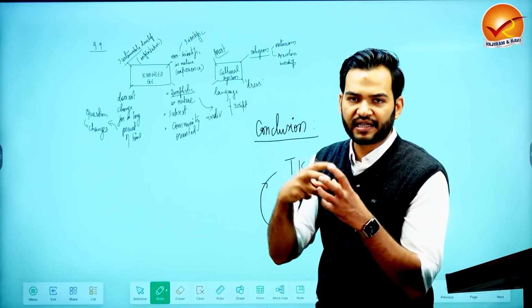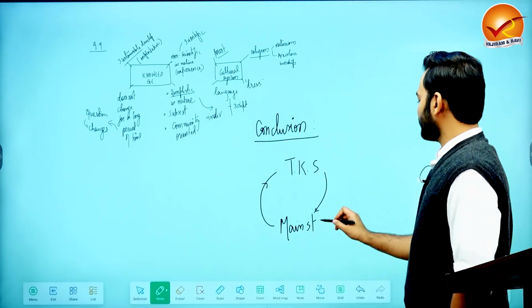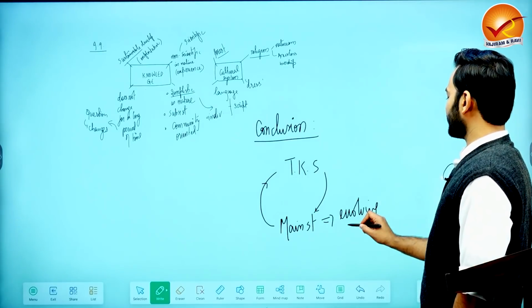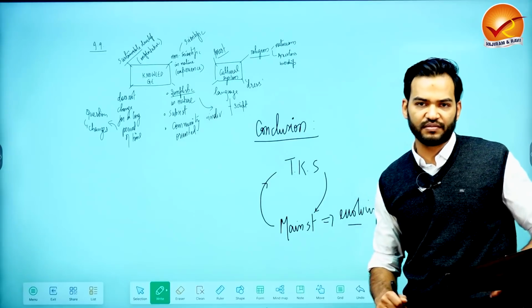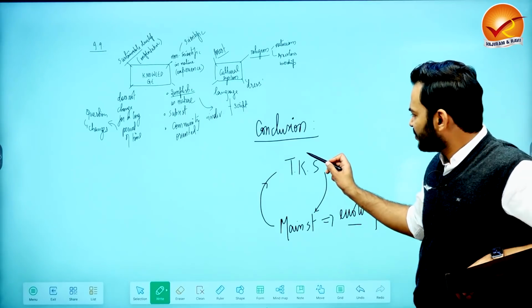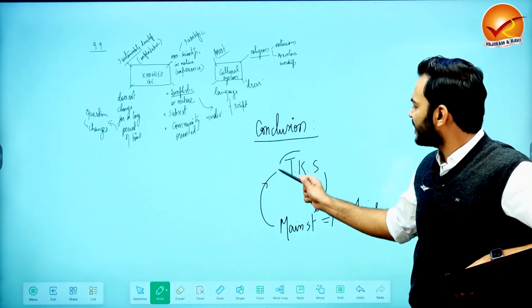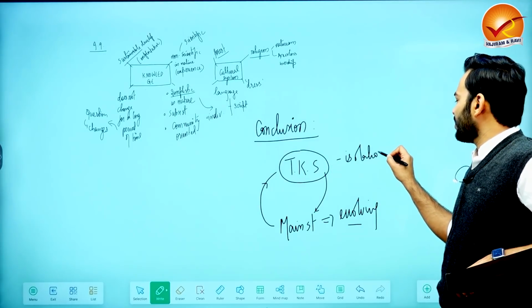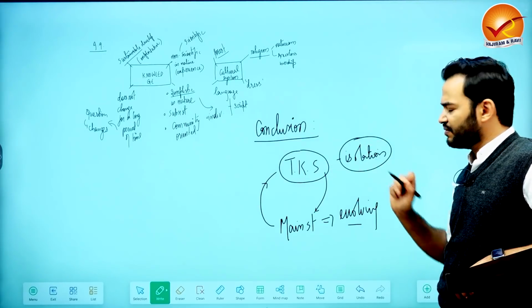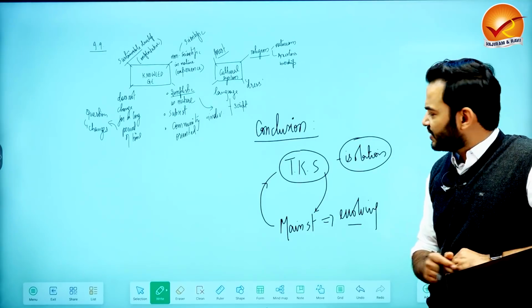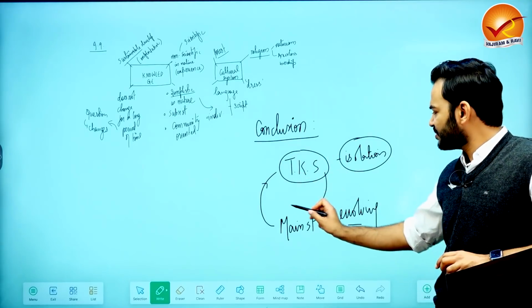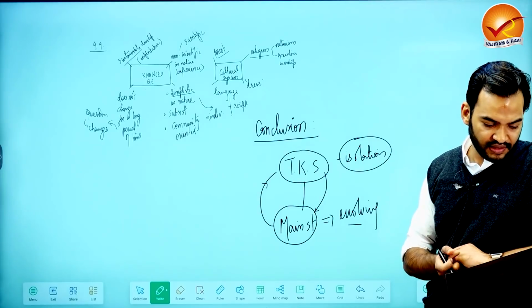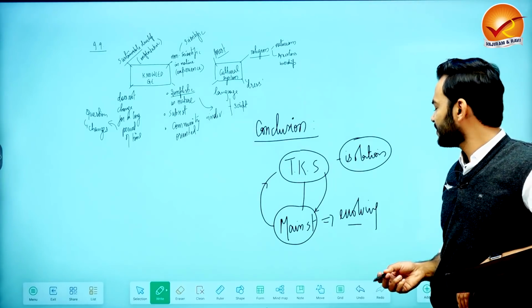They are continuously interacting with each other, and the mainstream knowledge is continuously evolving because of interaction with tribal knowledge systems. So it is not the case that tribal knowledge systems are working in isolation. No, they are also coming in contact with the mainstream culture nowadays. So there is a continuous evolution of both mainstream culture as well as traditional knowledge systems.